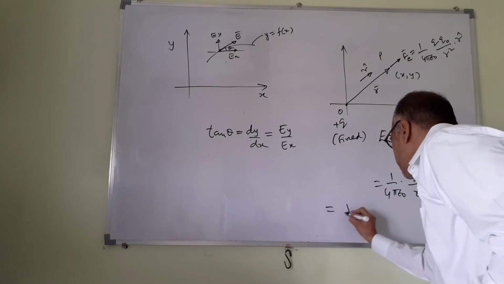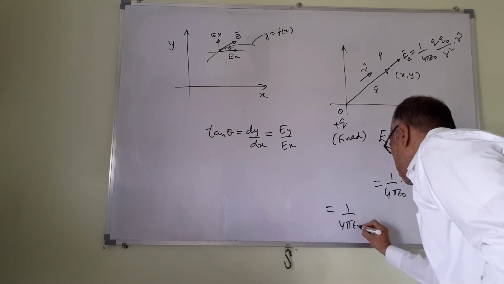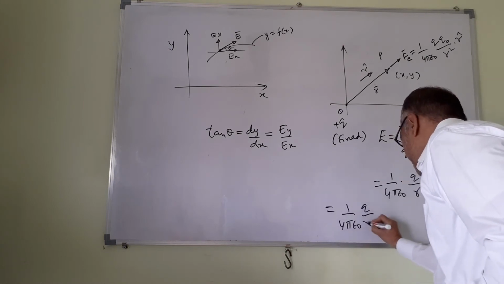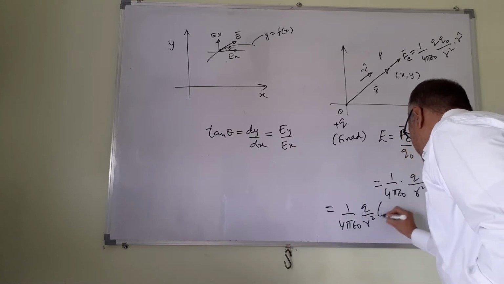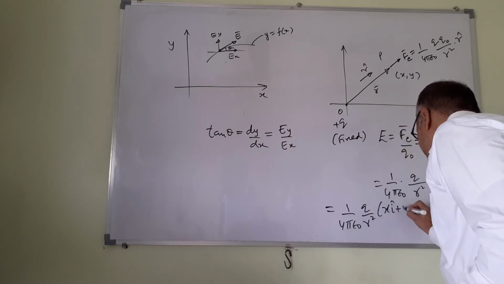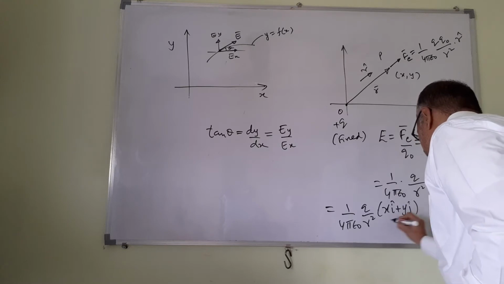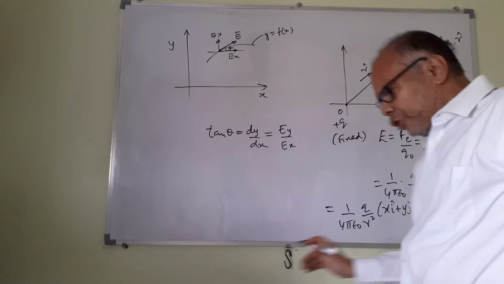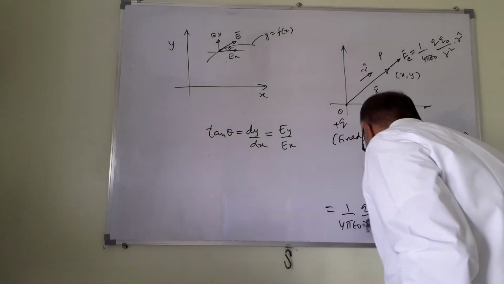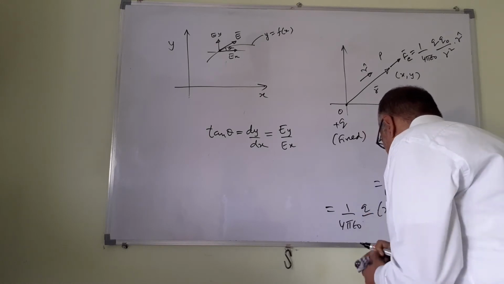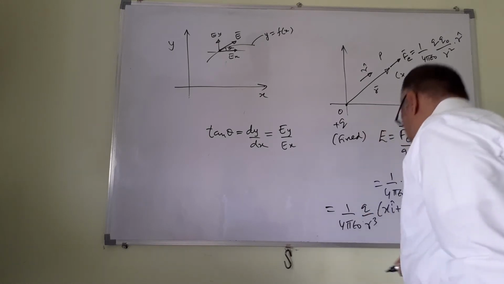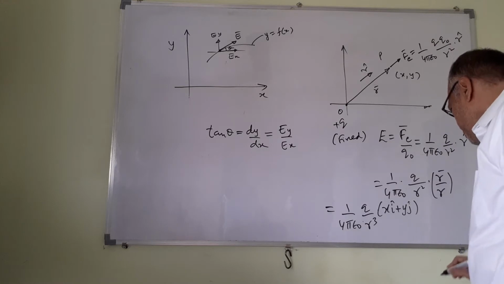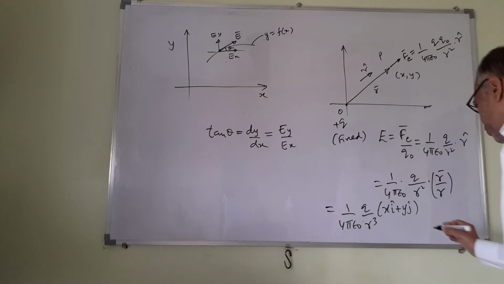So this would be 1 by 4 pi epsilon naught q by r squared, where vector r is nothing but xi plus yj, and I will have r cube in the denominator. And what is the magnitude of r?